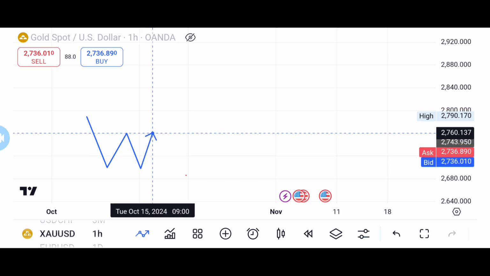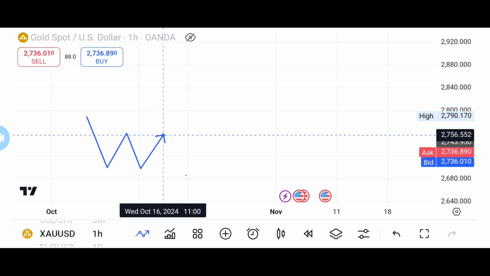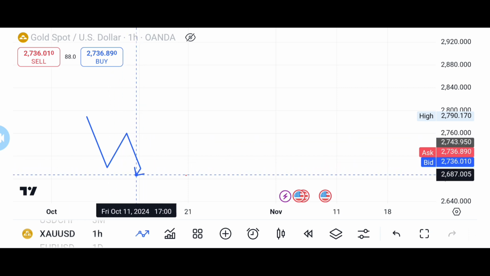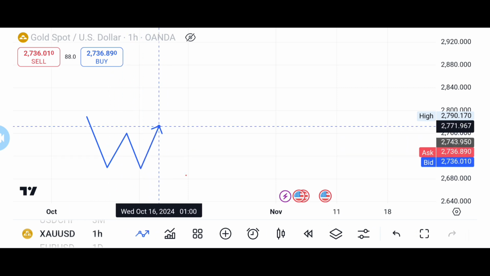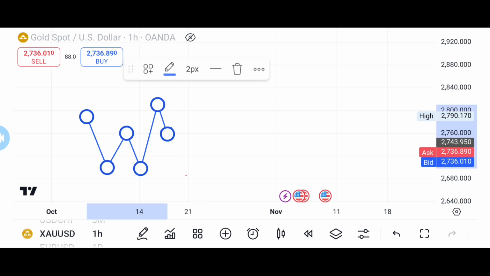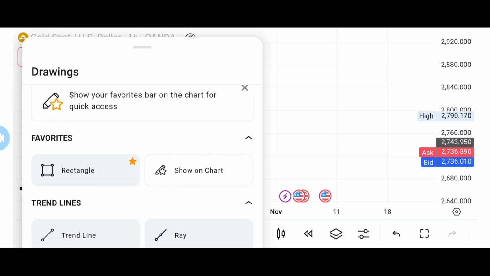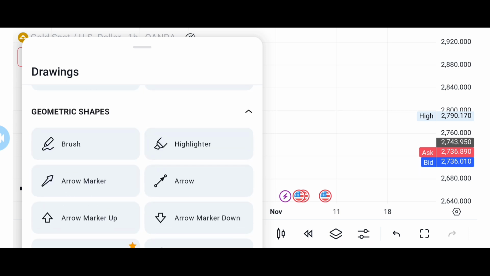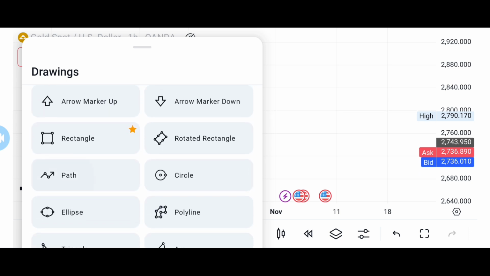So how are you going to trade this? You see the distance between the legs, the distance between these two legs. Let me show you. The distance between these two legs and the neck. Let me show you guys.